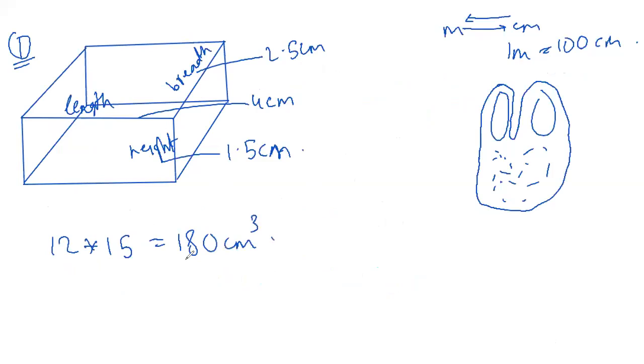So basically this question concerns the volume of the packet containing 12 such boxes. Once we have found the volume of one box, we move on to finding the volume for 12 such matchboxes, which is 180 centimeter cube, and that will be the capacity of the packet.